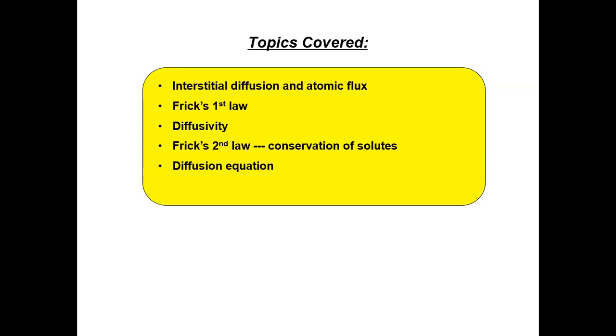We derived Fick's first law and Fick's second law together, and from Fick's first law we analyzed diffusivity, which is a very important parameter characterizing diffusive transport, and we saw that there is very interesting physics related to solid state. This is related to the hopping rate, the vibration frequency, the atomic structure versus the interatomic distance, and the coordination number. And more importantly, diffusivity is very sensitive to temperature through the activation energy barrier. And finally we derived the diffusion equation together.